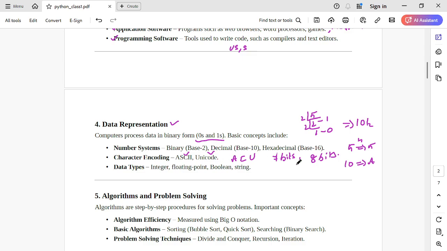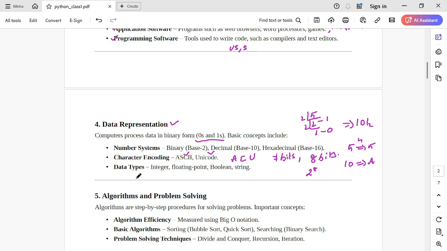So 8 bits means you can represent 2 power 8 characters using this ASCII encoding. And then Unicode, we are representing more values, greater than 2 power 8.